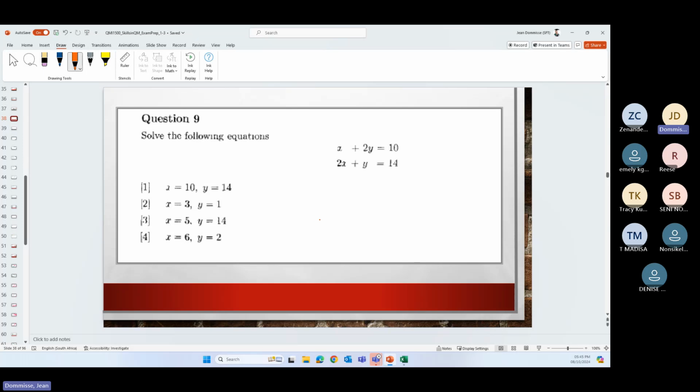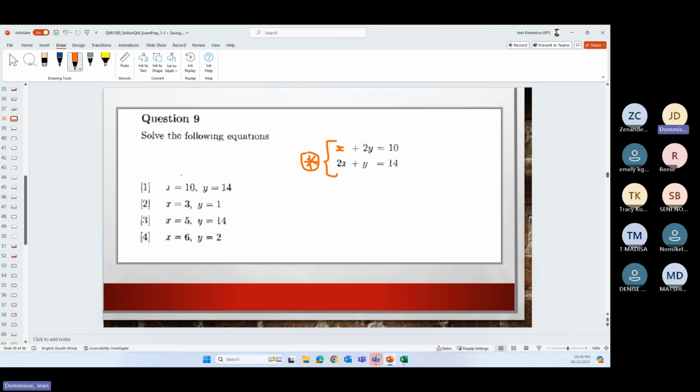Okay, then another component that you need to do is to be able to solve equations. So some of your calculators actually can do this. If you look at the Sharp and the Casio, I think you can actually put this into those functions.